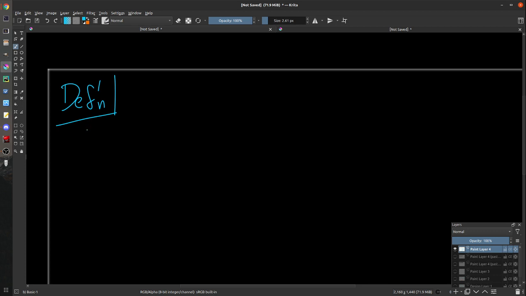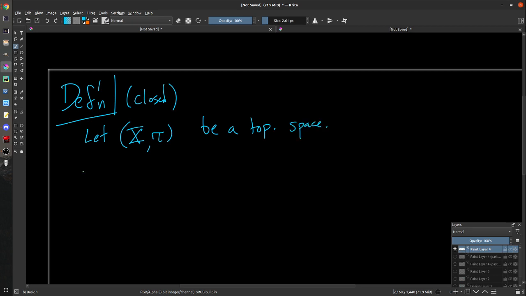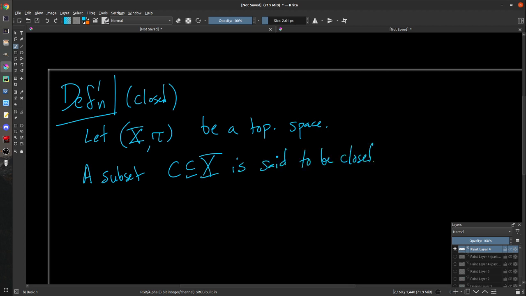So I'll state this very generally. Let's let (X, tau) be a topological space. A subset C contained in X is said to be closed if its complement is open.